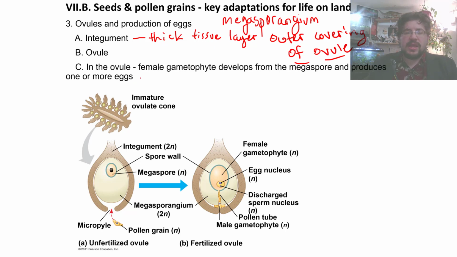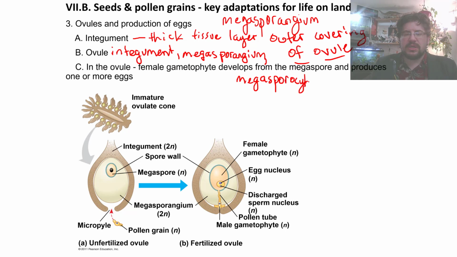So the ovule is our specialized structure which is going to produce the eggs. So the ovule consists of the integument, and the integument surrounds the megasporangium, and inside the megasporangium we find the megasporocyte, which produces the megaspore.